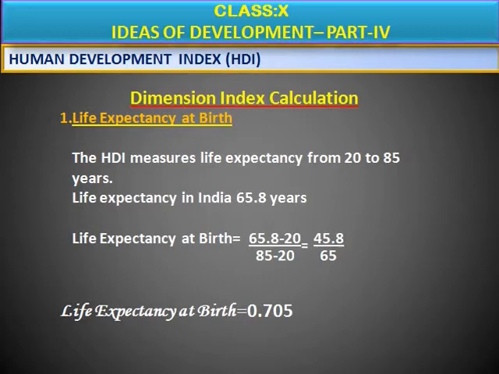So, life expectancy at birth is equal to India's life expectancy 65.8 years minus the minimum required life expectancy of 20, divided by the maximum life expectancy of 85 minus the minimum of 20. After calculation, life expectancy at birth is equal to 0.705.